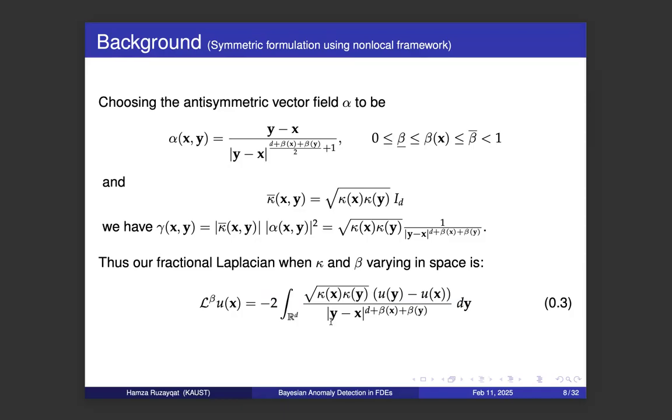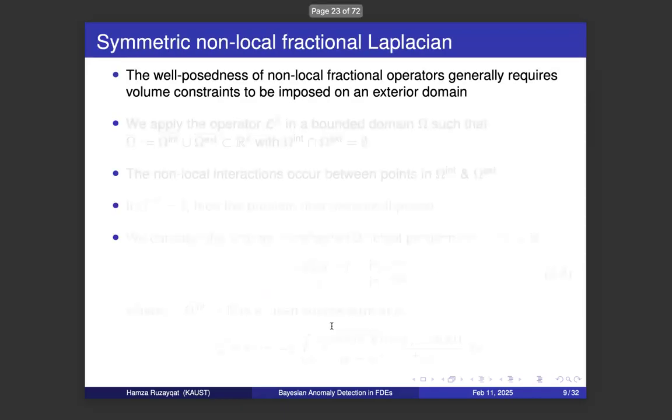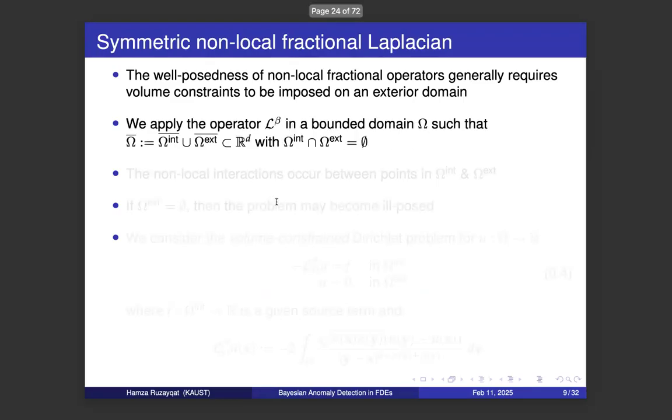And in practice, of course, we don't solve the problem on the whole Rd, so we cut this domain to some finite subdomain. And therefore, we apply this operator in a bounded domain omega, such that it consists of omega internal union omega external, and they are disjoint.